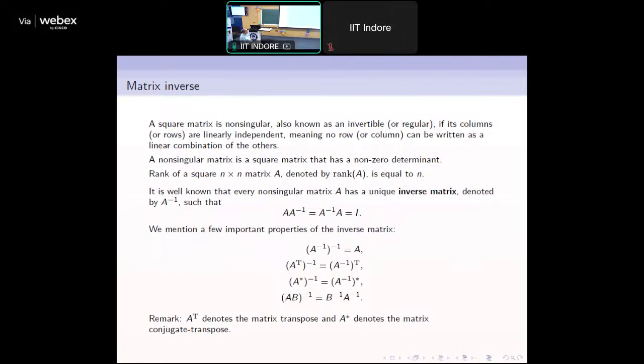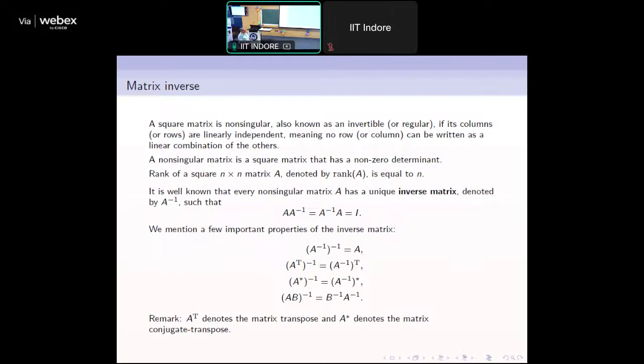If a square matrix is non-singular or invertible or regular, then its columns are linearly independent. It means that there are no rows or columns which can be represented as a linear combination of other rows.